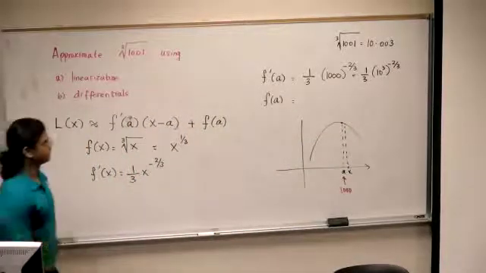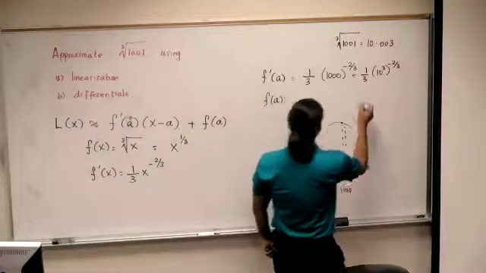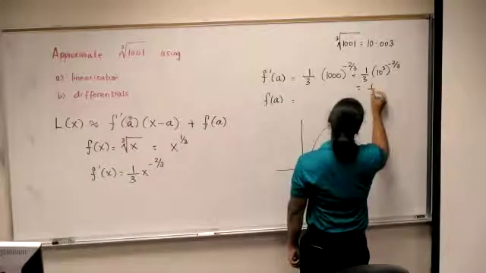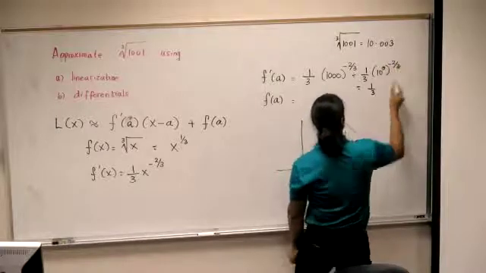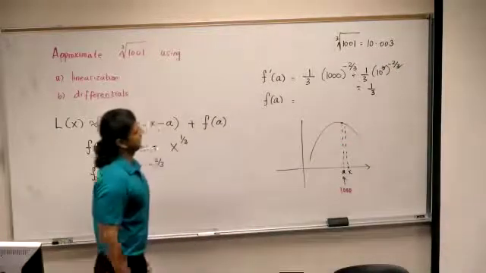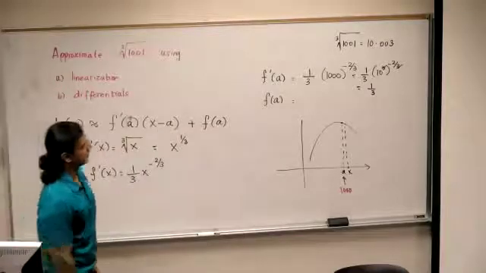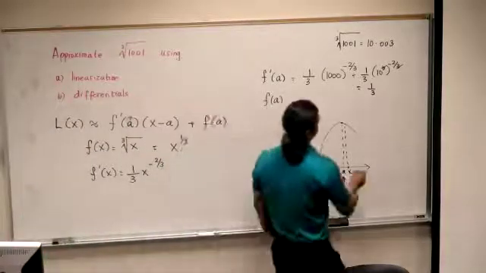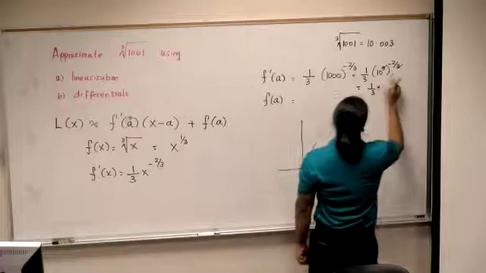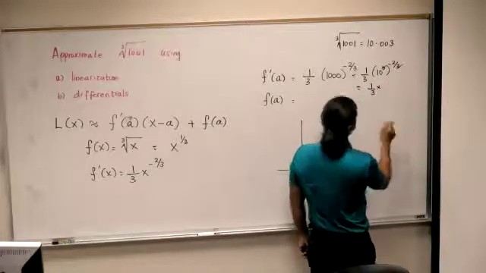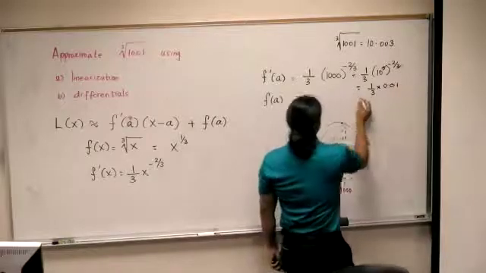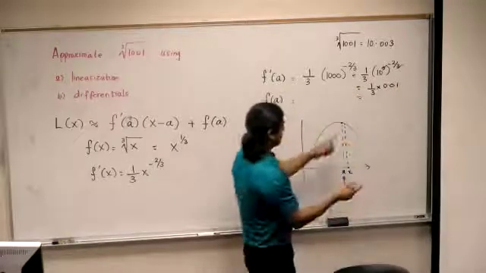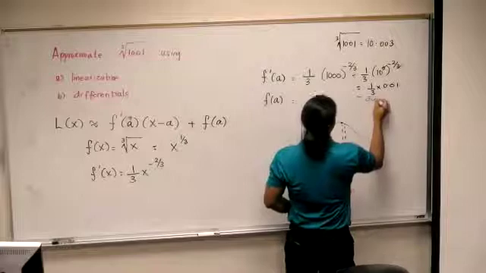With me so far? Those two would go away. So you get 1/3 times 1/100, and 1/100 is 0.01. Divide by 3, and you'd have 0.00333.